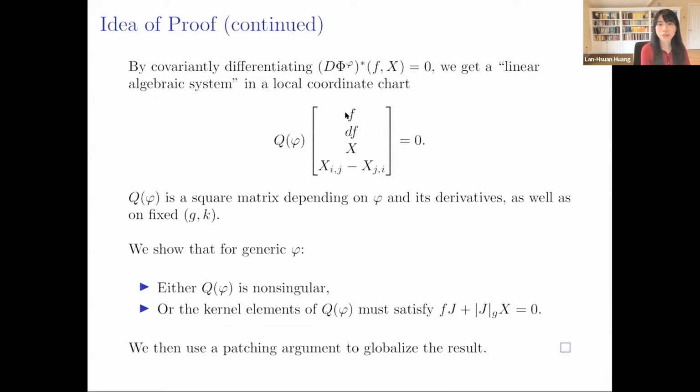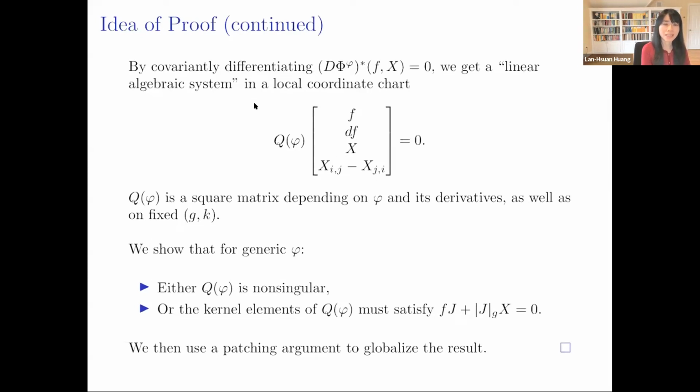It is because it's overdetermined. So it is really only determined by the value of f and its derivative, and also the vector X and the anti-symmetric part of its first derivative at one point, right?